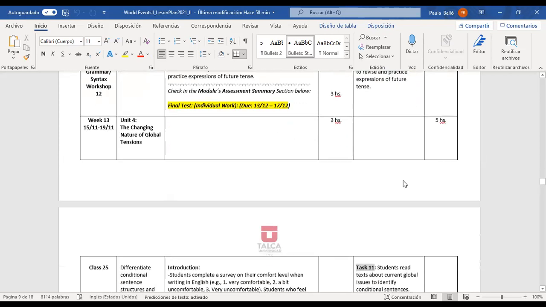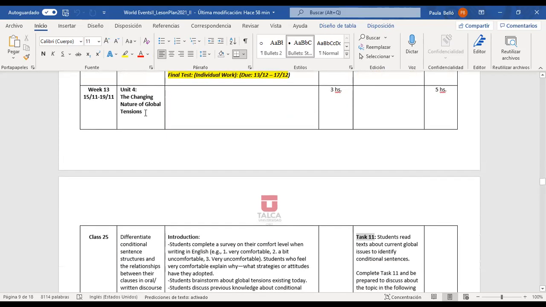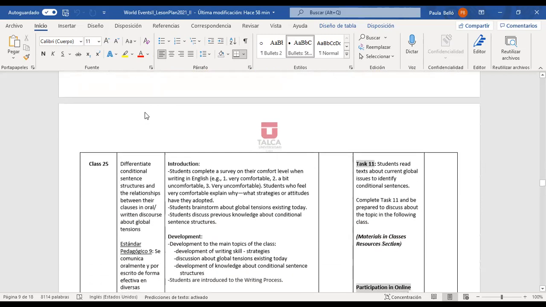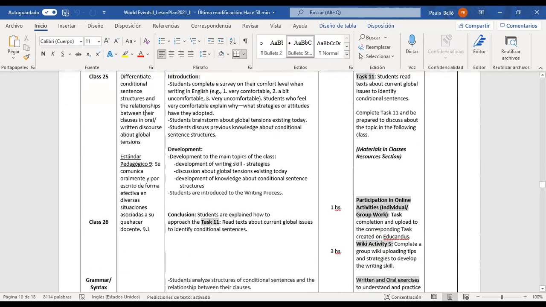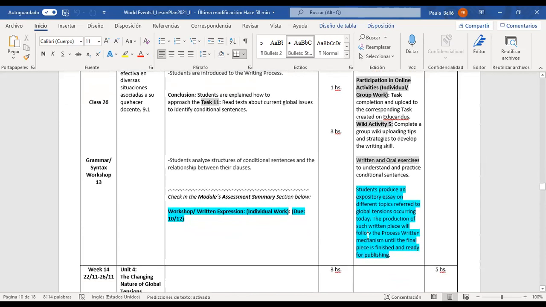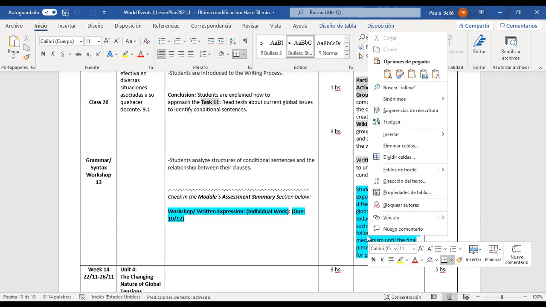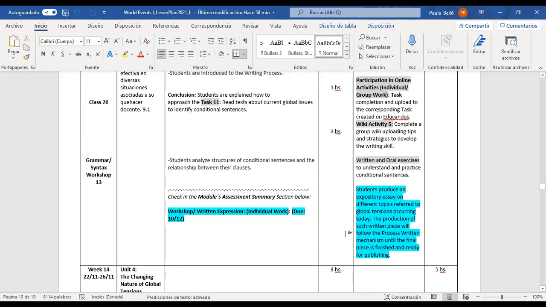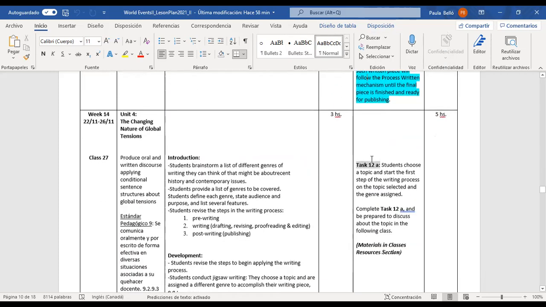Finally, the last unit, the changing nature of global tensions. Here the topic will be open and flexible. We will be preparing a writing expression workshop, which will also be a writing piece that we will prepare in process. One day we will do an activity, a task, and then you will do another one, and so forth.